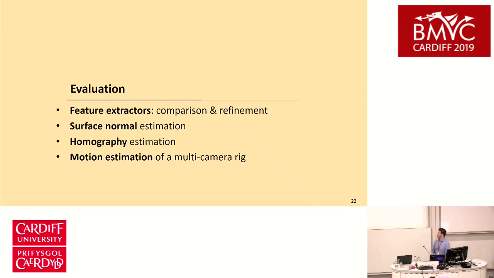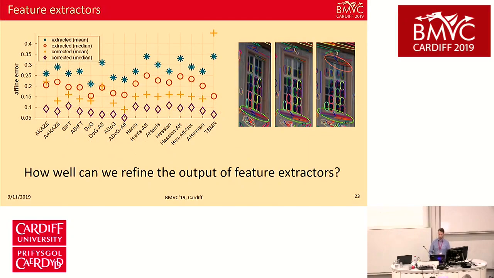Our evaluation considers 4 different cases. At first, we were curious how different feature extractors perform. On the horizontal axis, you can see we compared different feature extractors using an affine error. So how well do they reconstruct some kind of ground truth shape?